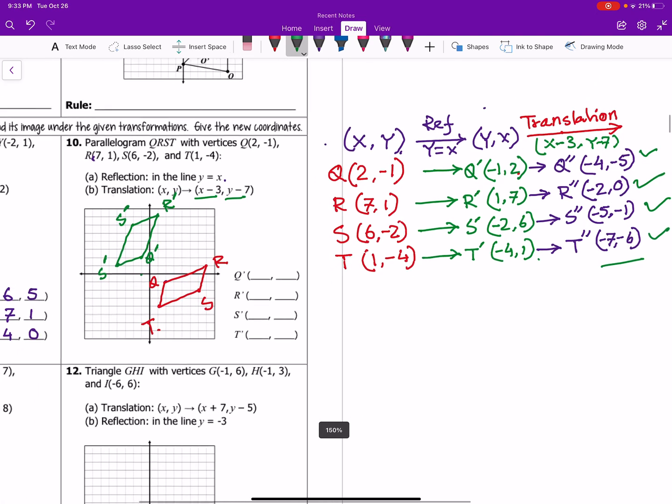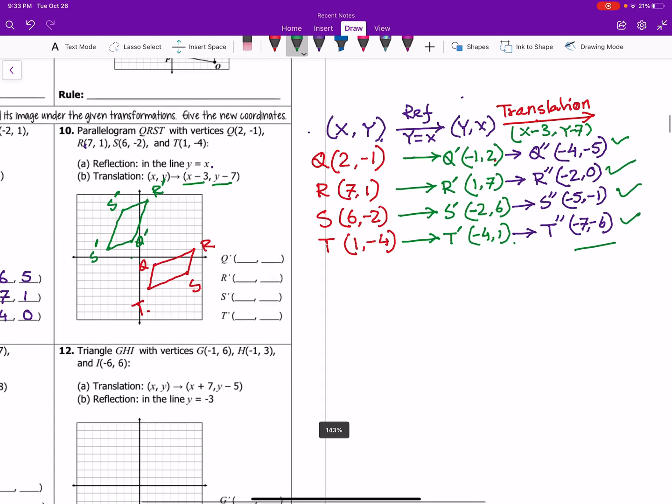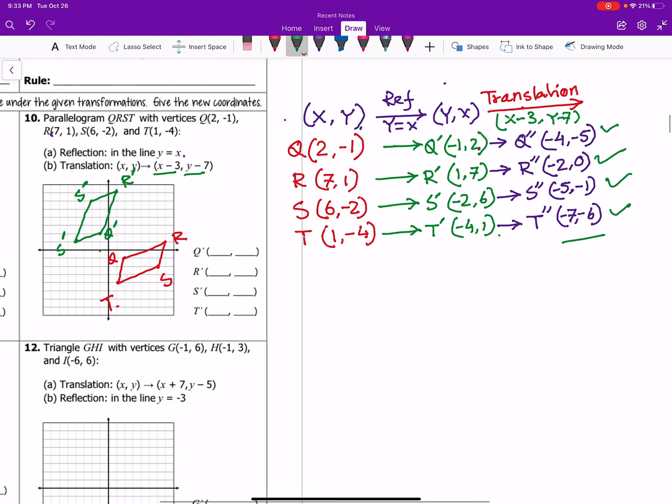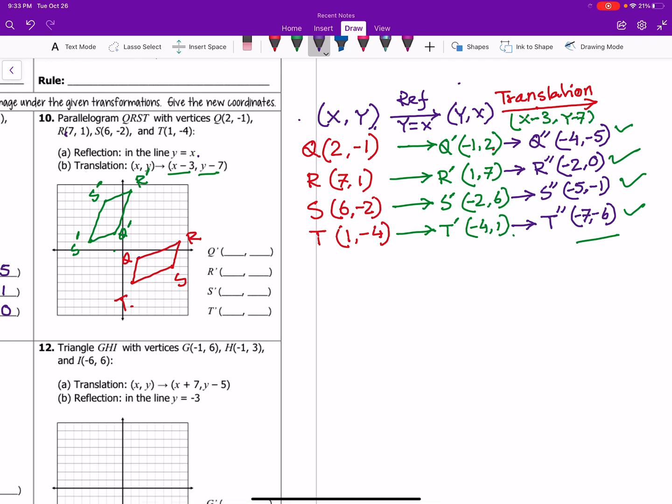Okay, let me make it a little shorter so that we can see it. Okay, so now I do it in this color. My Q double prime is negative 4 and negative 5. So 1, 2, 3, 4, negative 4, negative 5. 1, 2, 3, 4, 5. So that's my Q double prime.